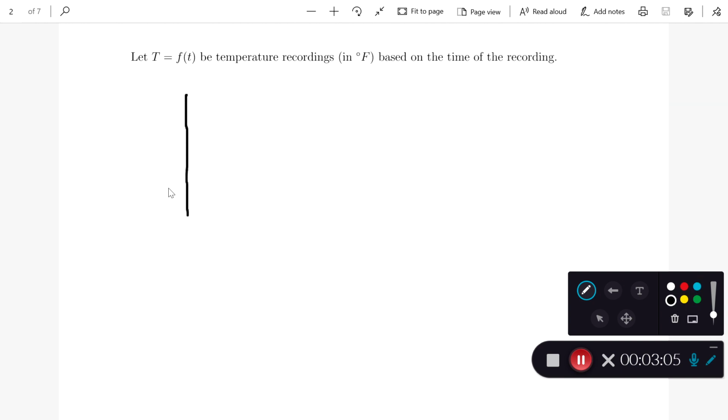Now, what if we had a slightly different situation, where in this case, the temperature recordings were actually happening continuously?